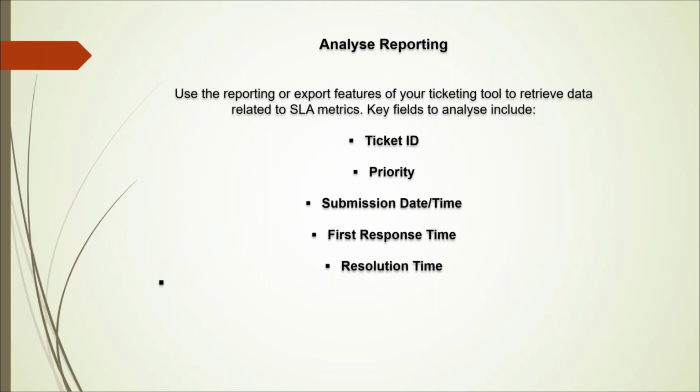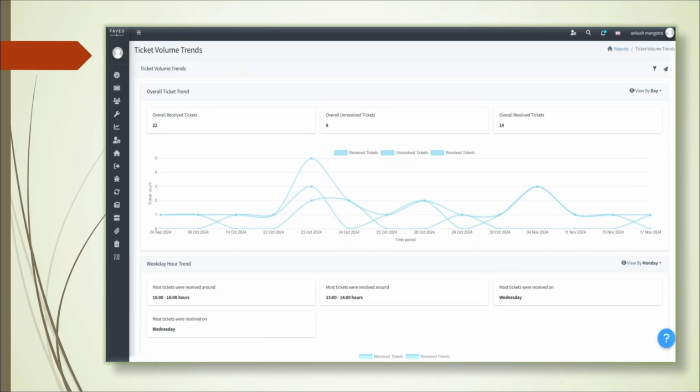Here you can see this is our report section. You can see the ticket trend values, ticket volume trends, and overall ticket trends. Then you can see overall received tickets, overall unresolved tickets, and overall resolved tickets. So you can monitor all those things from the report section.